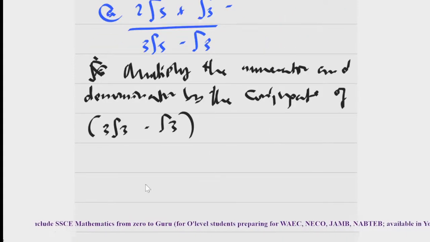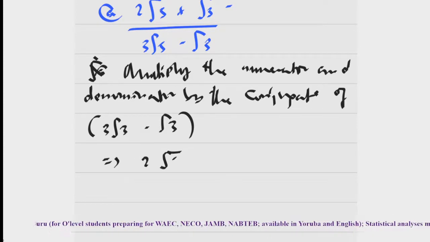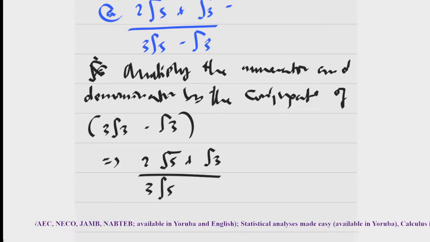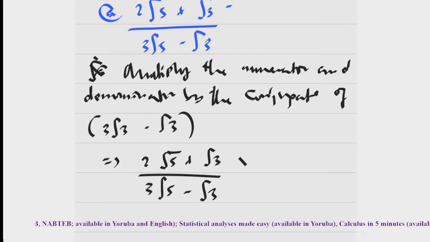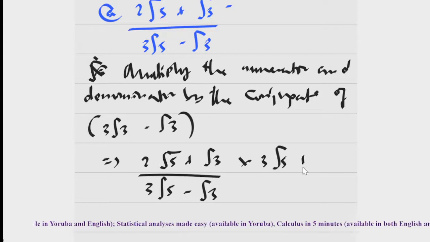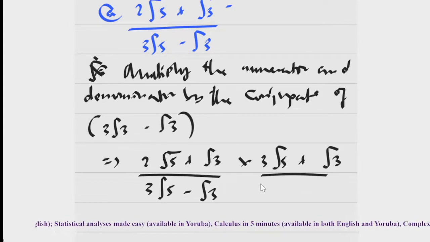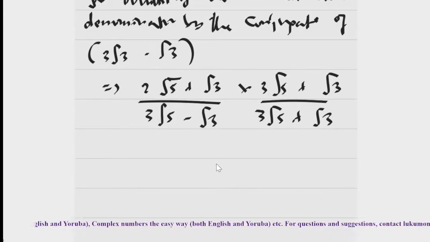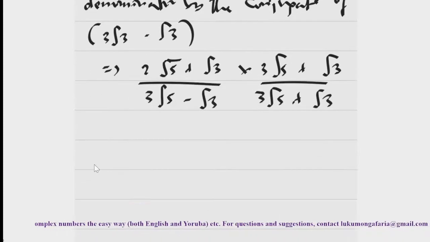They are identical, just that we change the sign. So then I have 2 root 5 plus root 3 over 3 root 5 minus root 3, multiplied by 3 root 5 plus root 3 over 3 root 5 plus root 3. You understand now? Because we multiply this by its conjugate, we are going to arrive at a rational number.